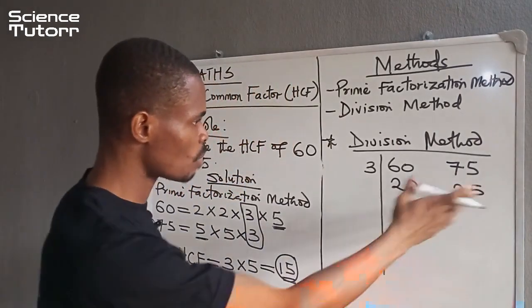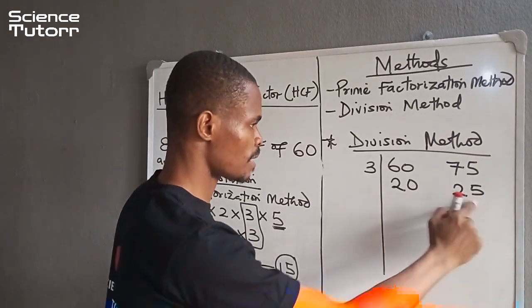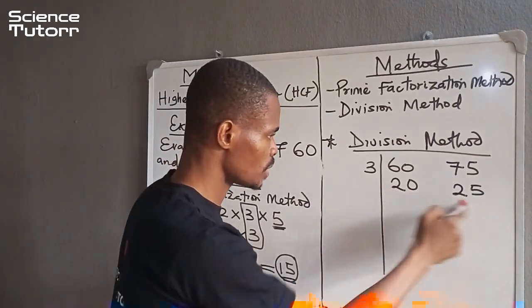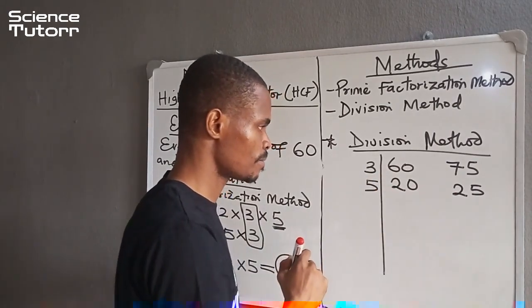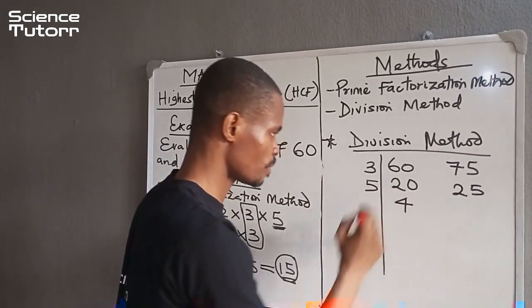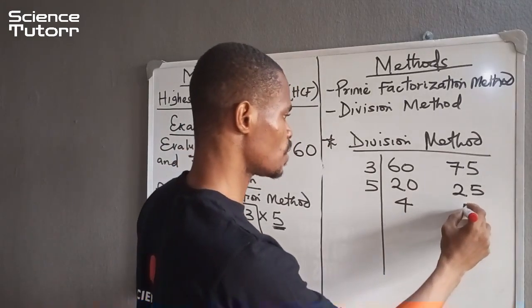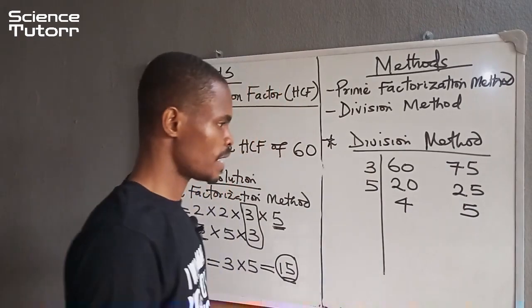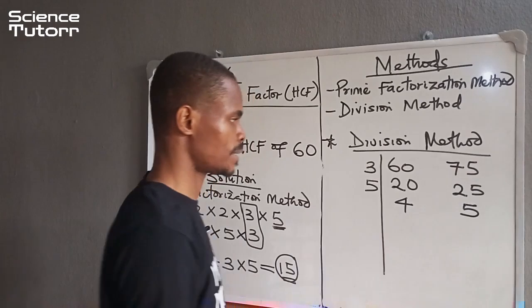We think of another number that can divide both numbers. We can use 5. 5 can go into 20, giving us 4. 5 can also go into 25, giving us 5. At the end of the day, we have 4 and 5. Nothing can relate both numbers.